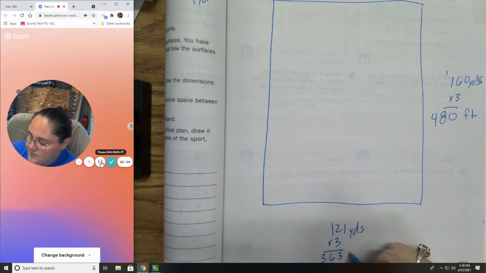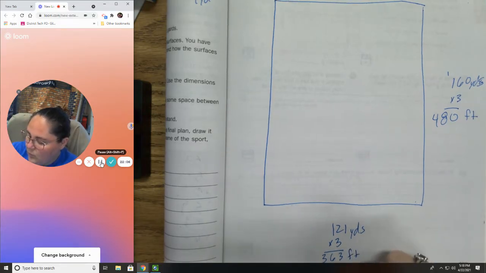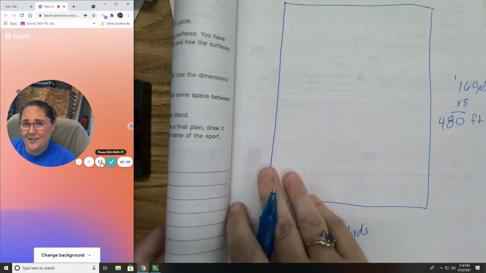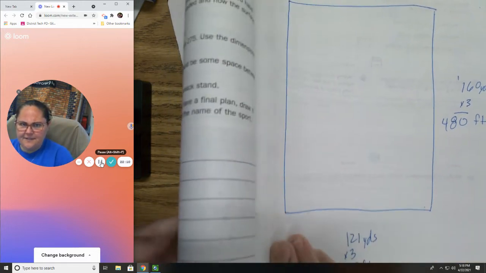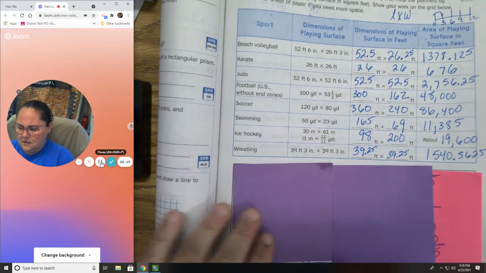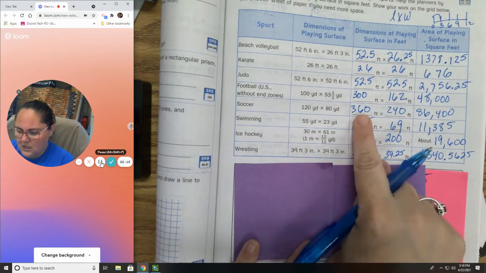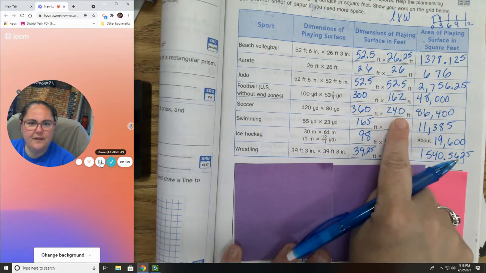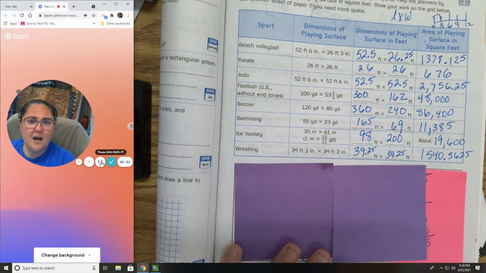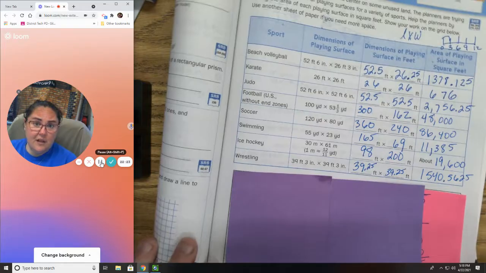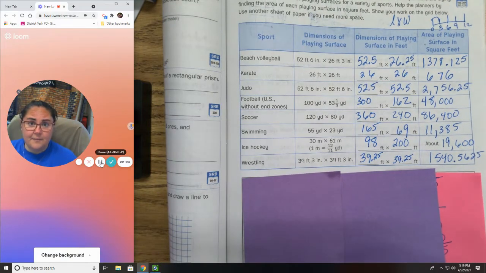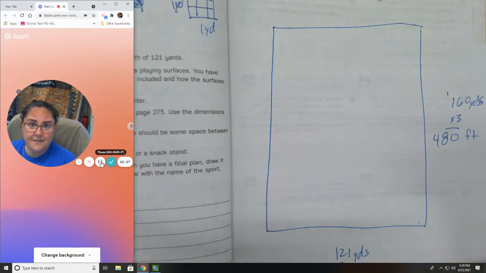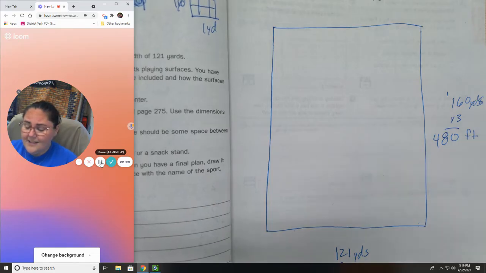I know if it's 363 feet wide, I think there's something that's about 360 feet, right? Oh, look, my soccer field was 360 feet by 240 feet. I think soccer would be a really cool thing to have on my athletic field, right? So that's what I'm going to start with.